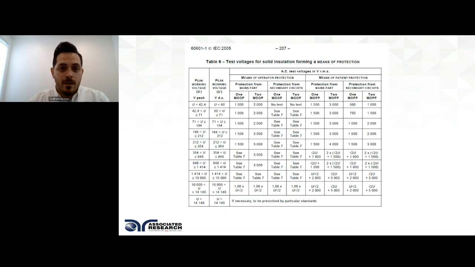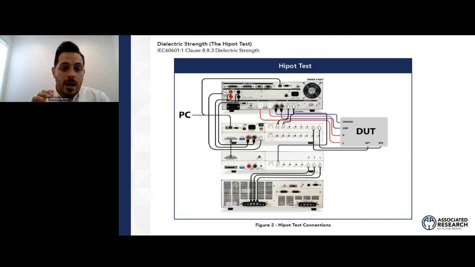Now, how does the hypot test work on our MedTEST system? If you recall, I said these connections here, line, neutral, case, and GND: line, neutral, and GND are coming from an adapter box, while case is an alligator clip or a connection going straight to the chassis.